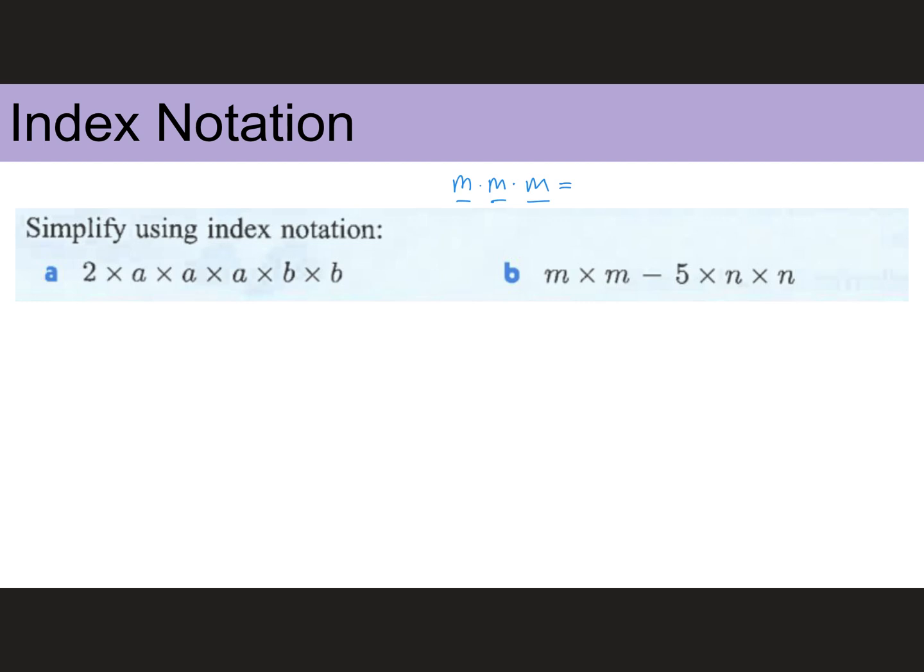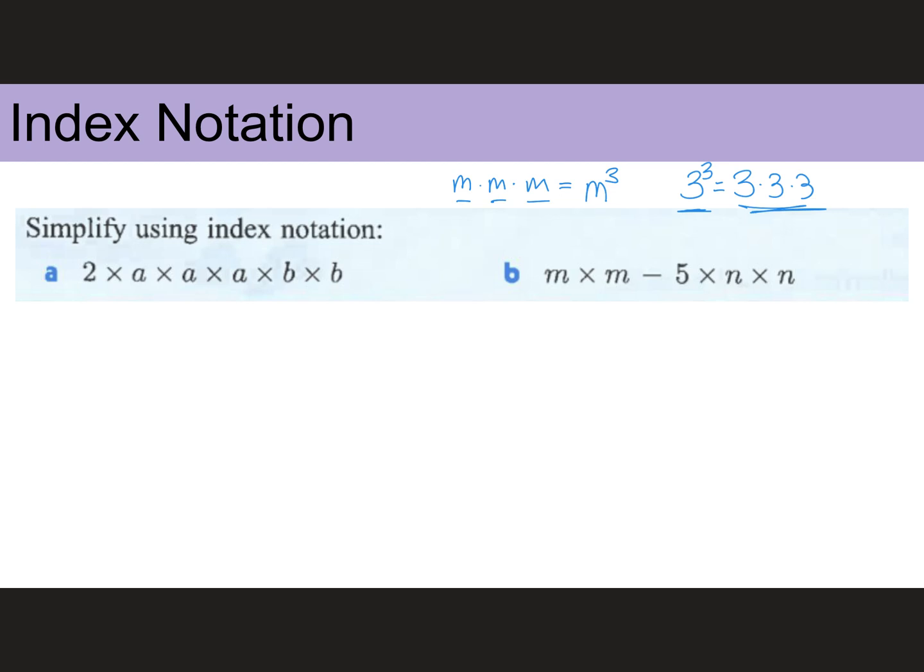Now with m's being multiplied together, I would write it as m to the power of 3 because they're being multiplied. They're not being added, they're being multiplied. Just like if you think of, let's go backwards, 3 to the power of 3, what does 3 to the power of 3 mean? It means 3 times 3 times 3. So this is the same as this.